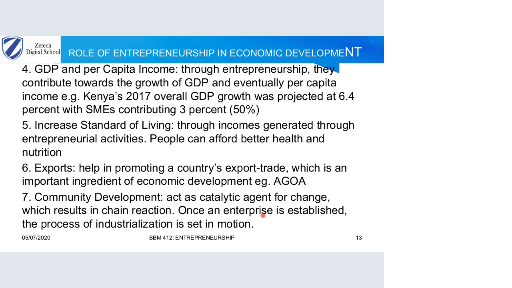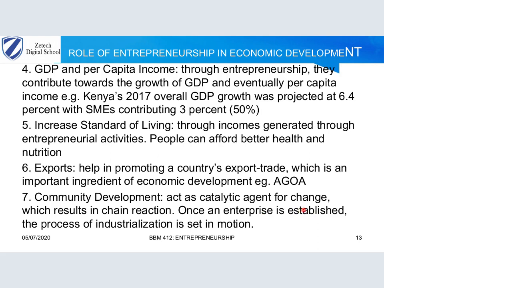Small enterprises, for example, run by entrepreneurs, are seen to produce a major chunk. In Kenya in 2017, 50% of our growth, 6 point something, was contributed by entrepreneurs in terms of their small and medium enterprises. Also, provision of essential services, yes, I can see that. Increase in standard of living, exports also.